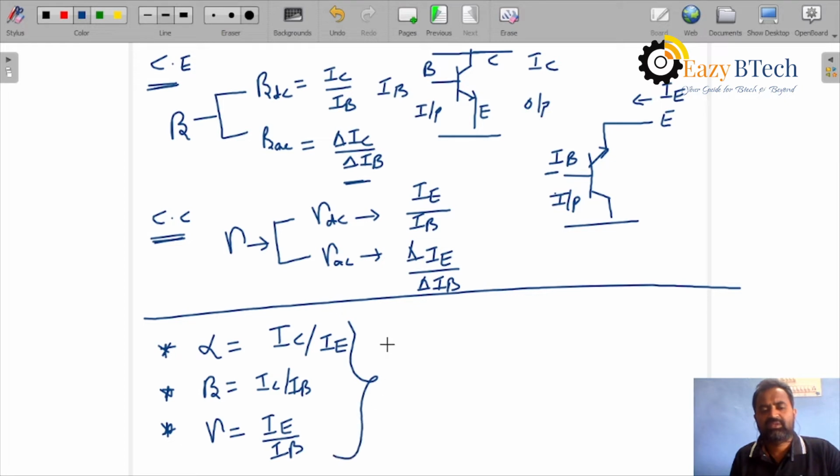You can remember these factors. These are the current gain factors, alpha, beta, gamma, for common base, common emitter, and common collector.